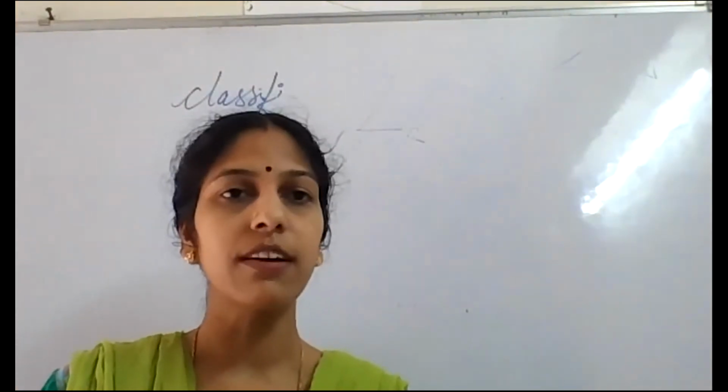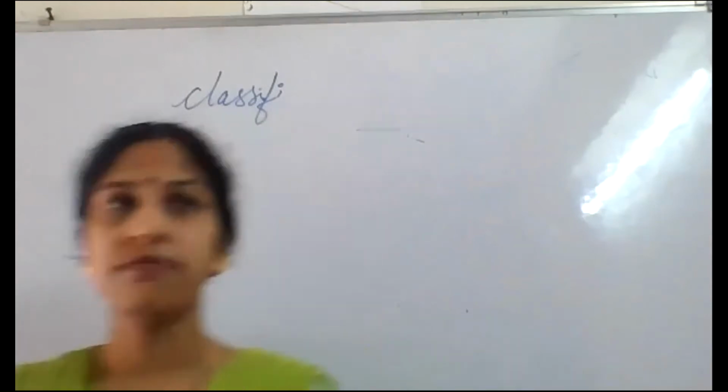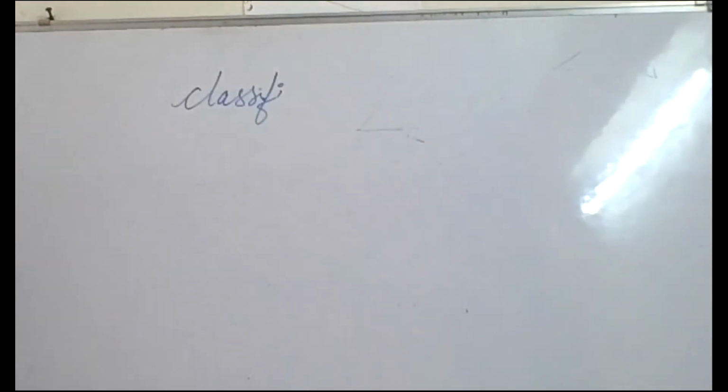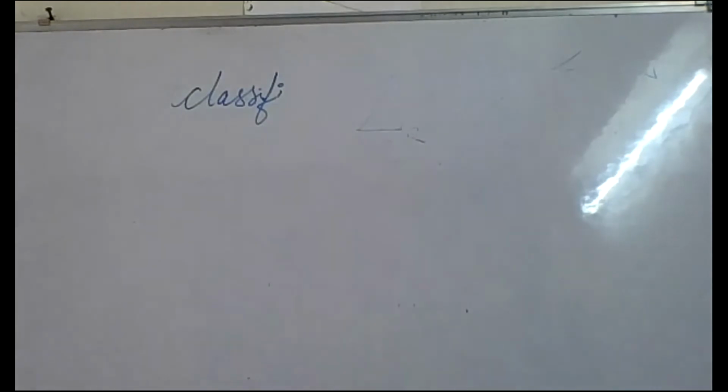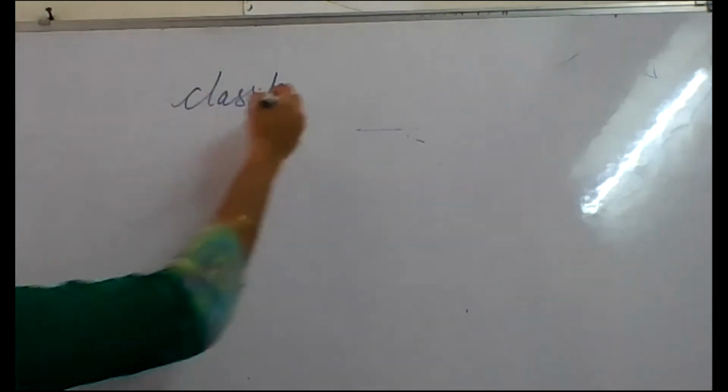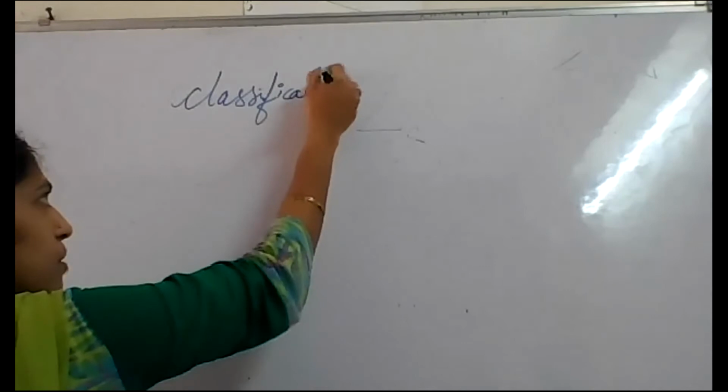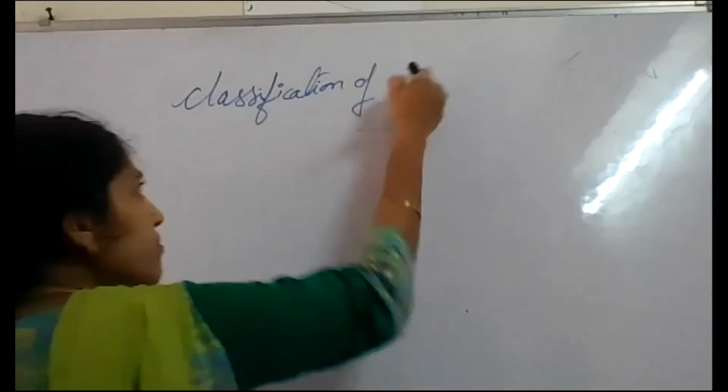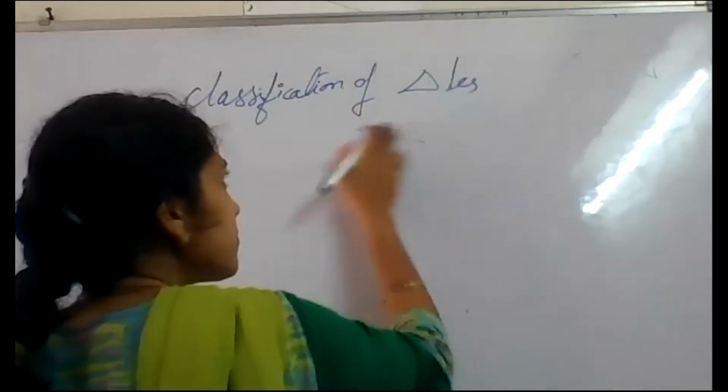Then I go with activity 1. Ma'am, yesterday I have completed activity 1, first bit and second bit, ma'am. Now, first I would like to explain about classification of triangles.